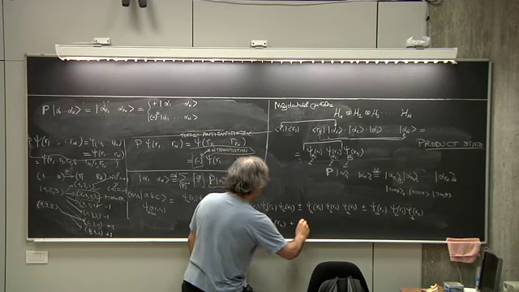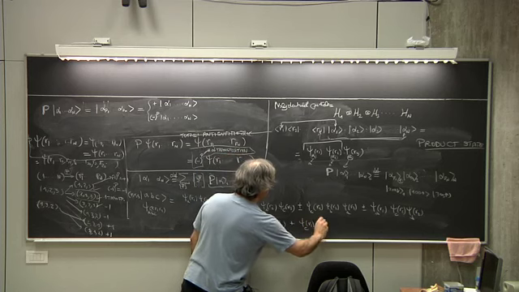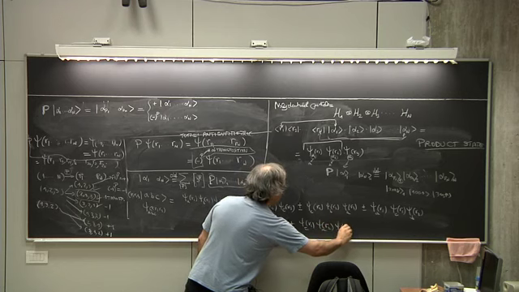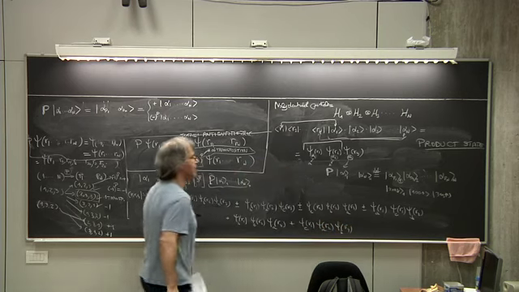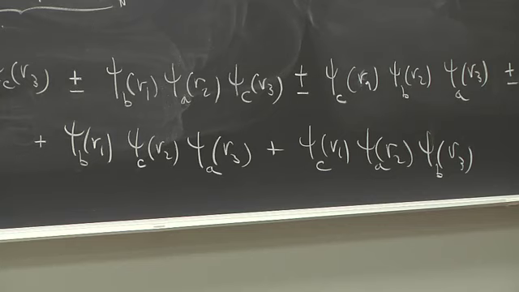So 1 gets the 3, so C, 2 gets the 1, so A, and 3 gets the 2, so B. Hopefully, this is straightforward.